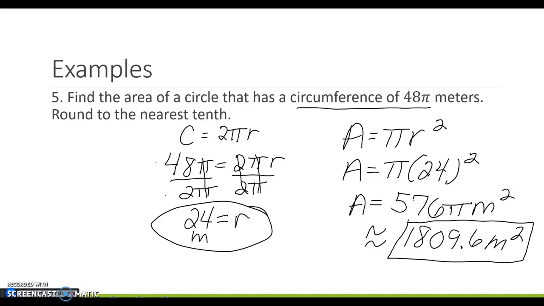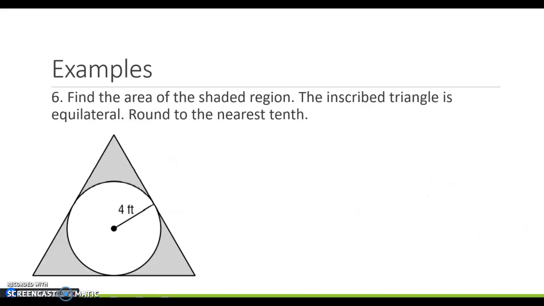Okay, let's finish up with one last example. So this one's a little different. It's going to incorporate this regular triangle idea and a circle. So we're going to find the area of the shaded region. The triangle, that shouldn't say inscribed. The triangle that's on the outer part here is an equilateral triangle or a regular triangle.